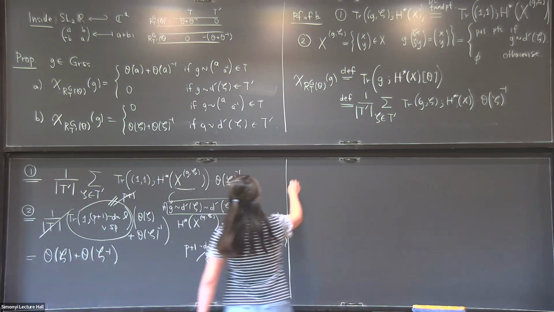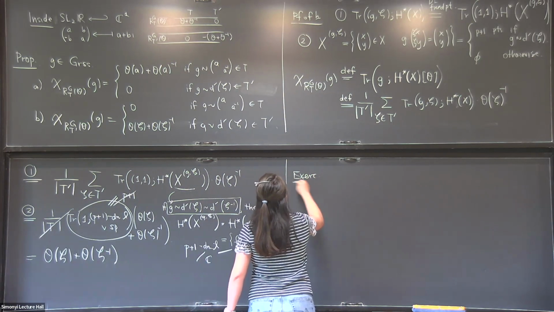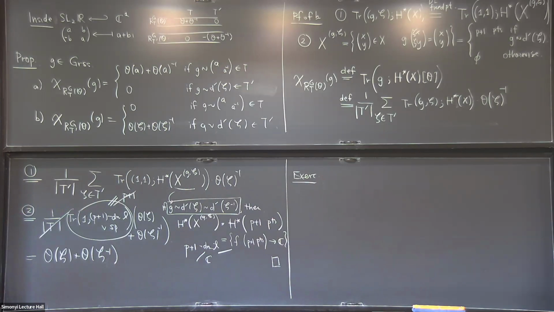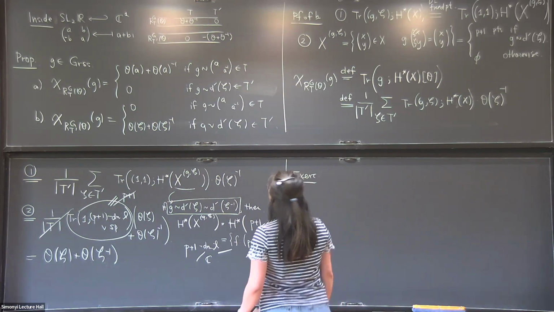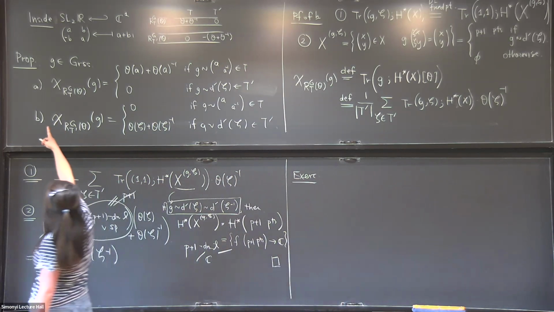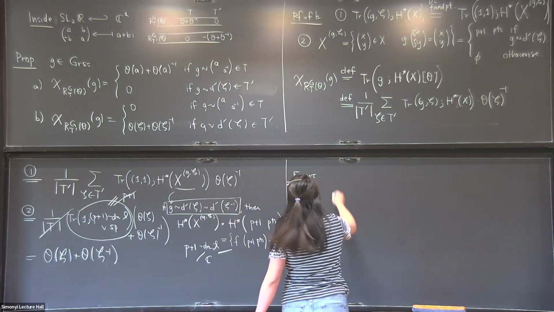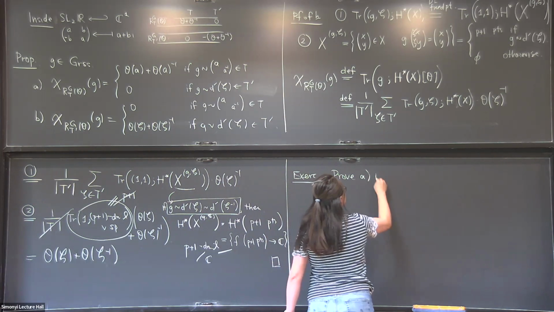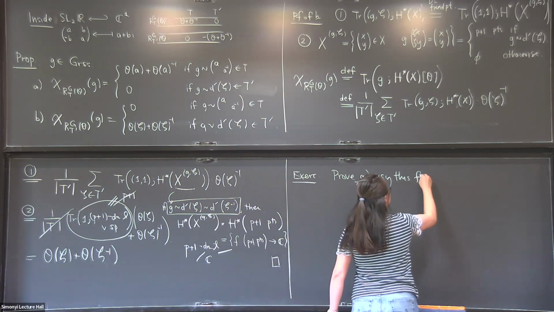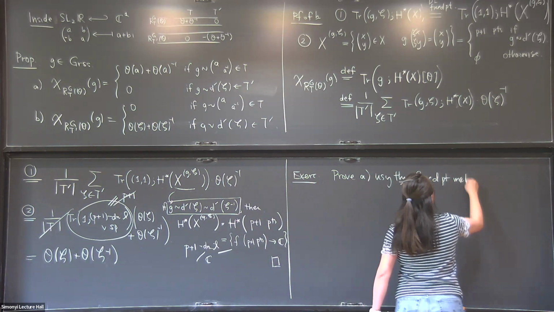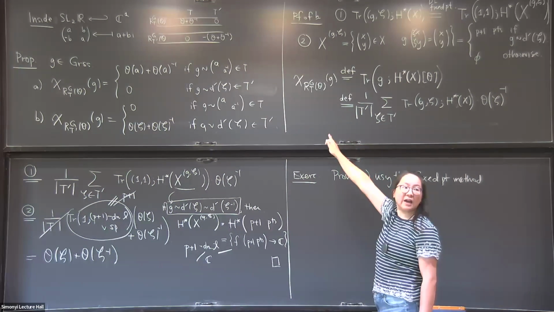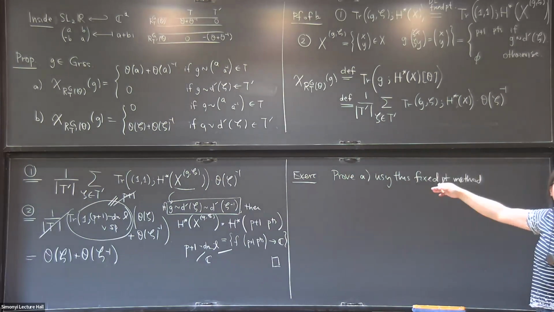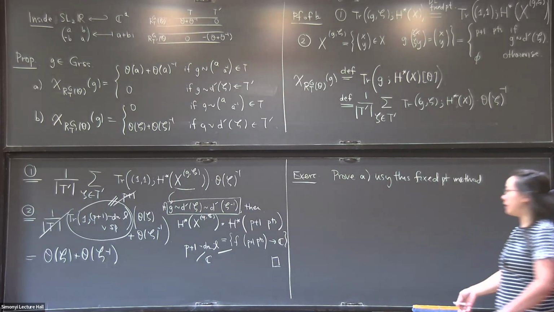So here's a good exercise. And certainly I can write this up after lecture, so it's very clear what all the random exercises I've assigned during lecture are. And the exercise is to prove A using this fixed point method. In other words, you'll have to calculate the analog of 2 in the case that x is not the Drinfeld curve, but this G mod U, this finite set of points.